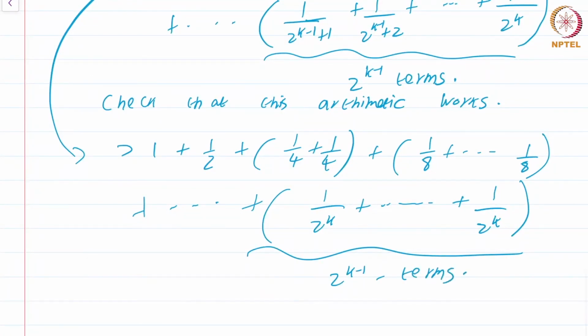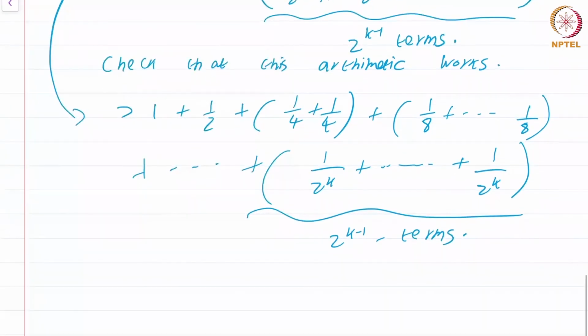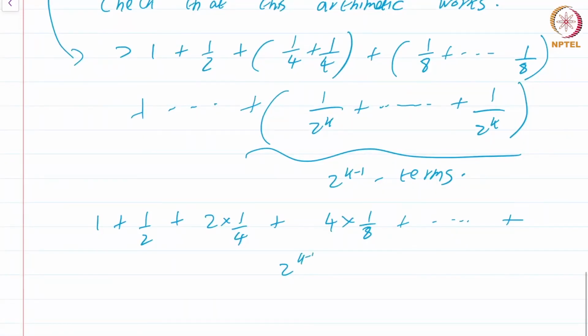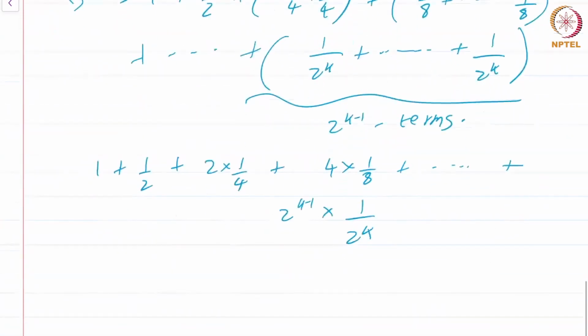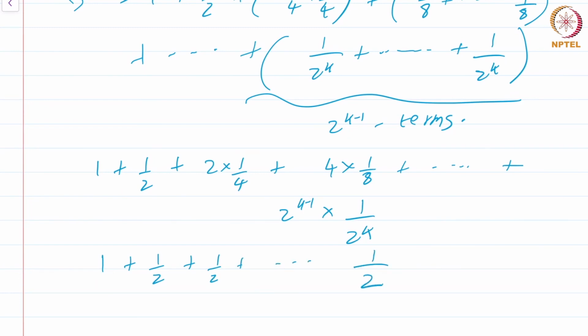Right? So what will this give us? This will give us 1 plus half plus 2 into 1 by 4 plus 4 into 1 by 8 plus dot dot dot 2^{k-1} into 1 by 2^k. Well, that's just going to be 1 plus half plus half plus half, and so on and so forth. How many such terms?